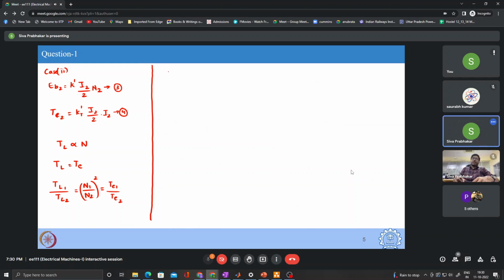So from this particular equation we can write I1 square by I2 by 2 into I2.